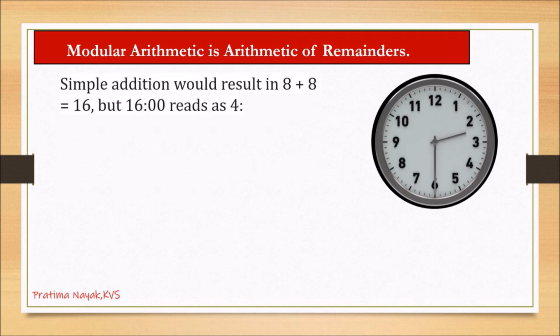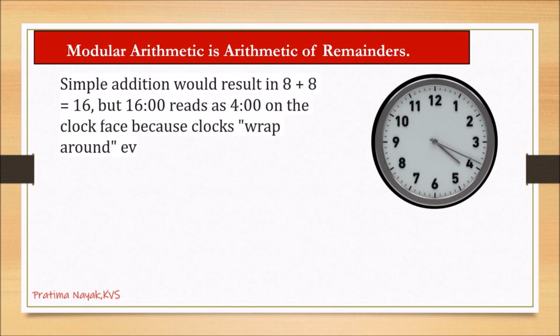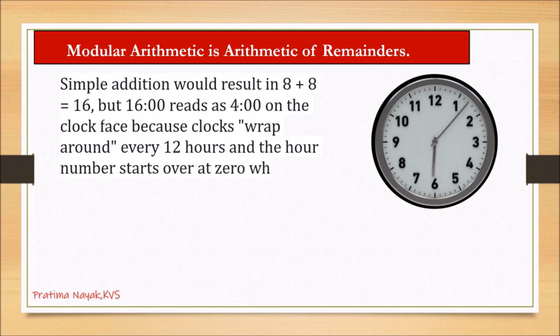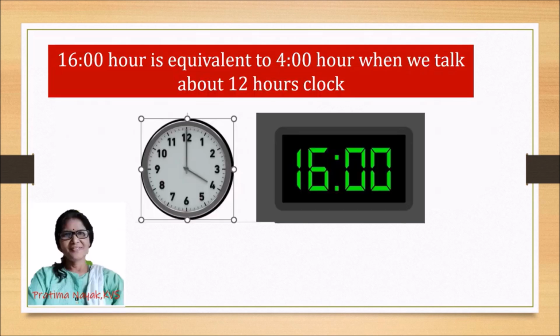Simple addition would result in 8 plus 8 is 16, but 16 hours reads as 4 on the clock face, because clocks wrap around every 12 hours and the hour number starts over at 0 when it reaches 12. So 16 hours is equivalent to 4 hours when we talk about a 12-hour clock.